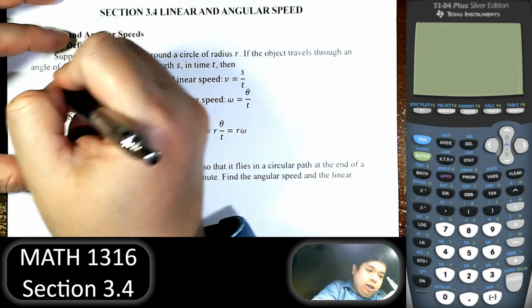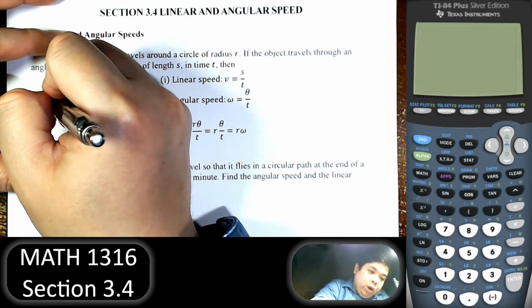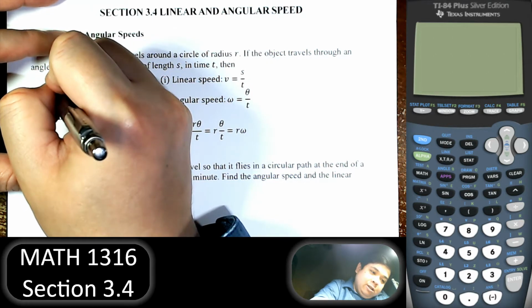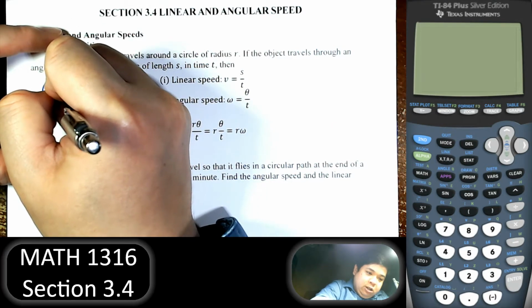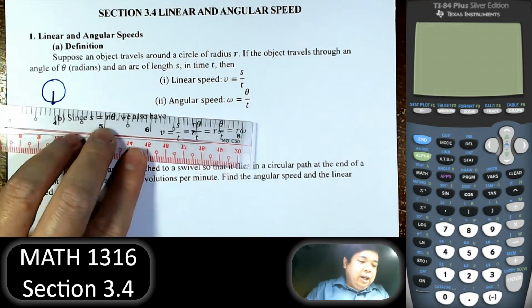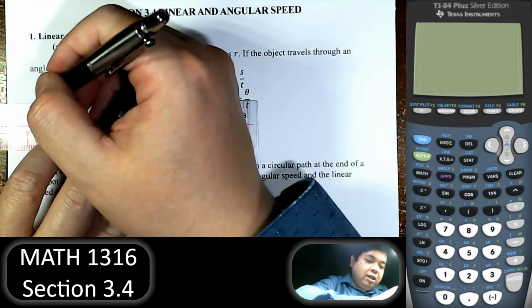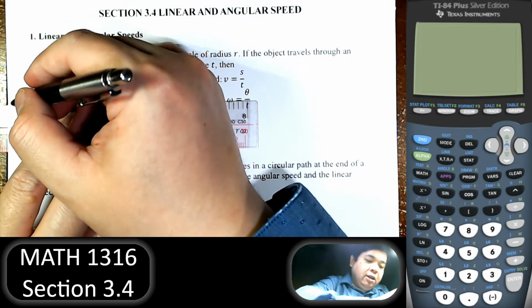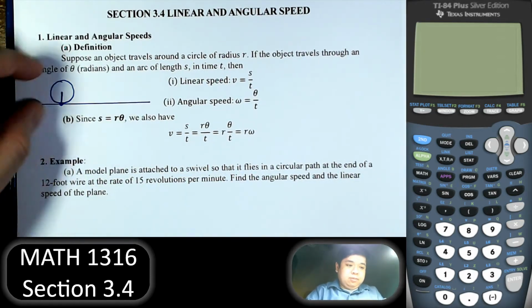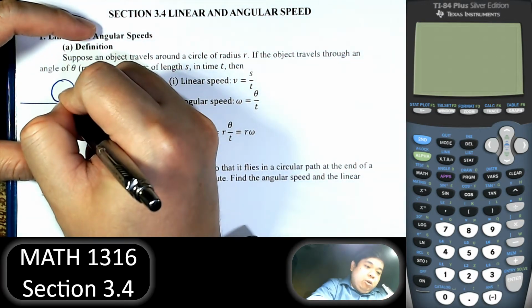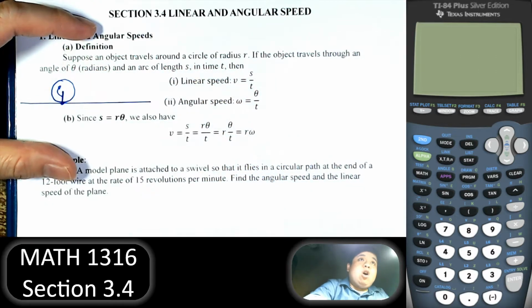So, let's say we have a wheel and there will be a point on the wheel. Let's say we rotate, where the wheel rotates, there will be two speeds that we can talk about.